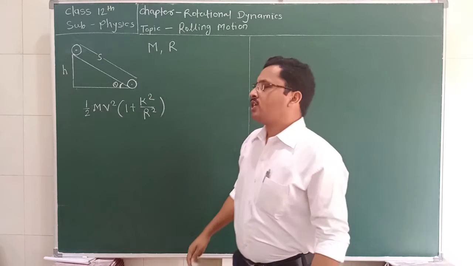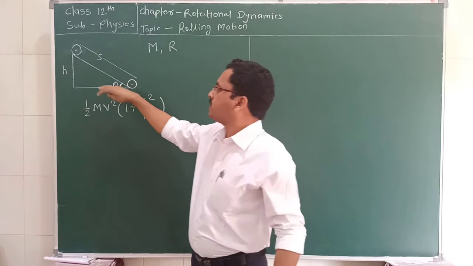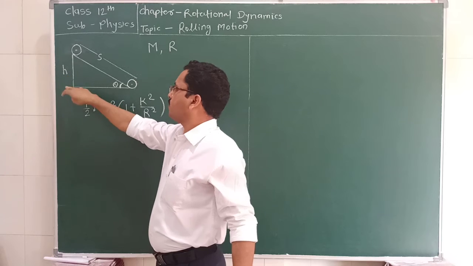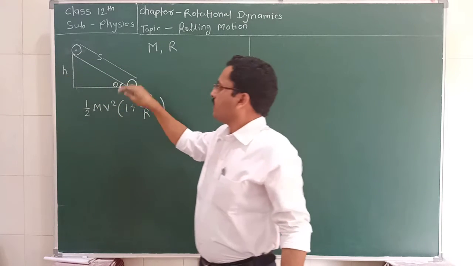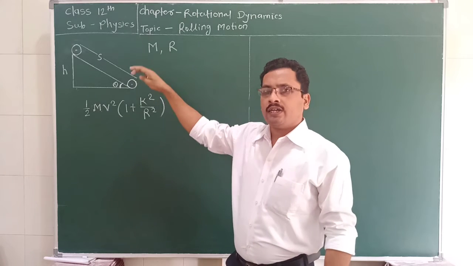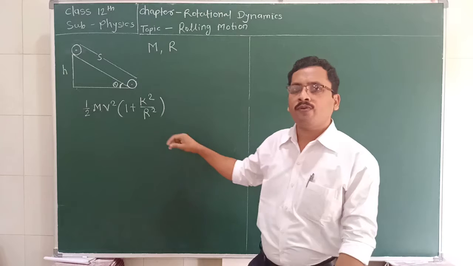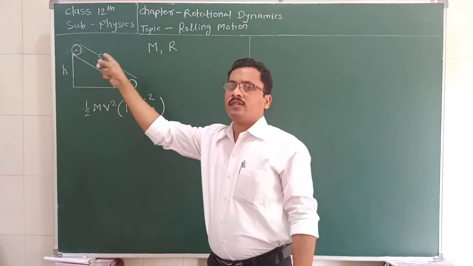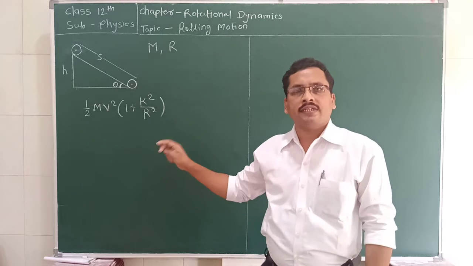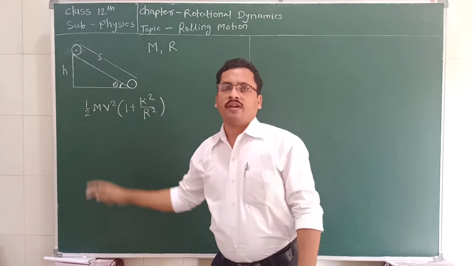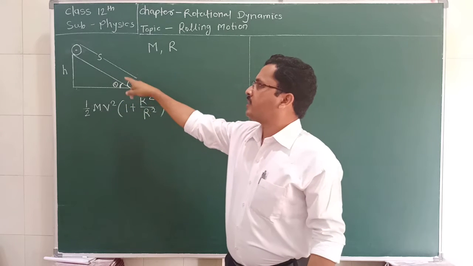The potential energy of this ring in the initial condition is maximum because it is placed at a distance h from the horizontal surface. As it rolls down the inclined surface, the height decreases and the potential energy also decreases. Therefore, while this ring rolls on the inclined surface, kinetic energy increases but the potential energy decreases.